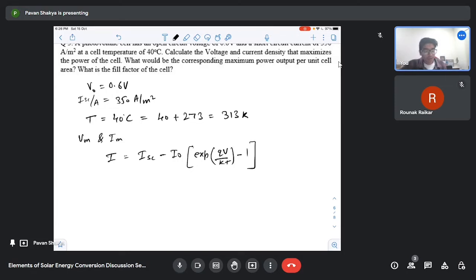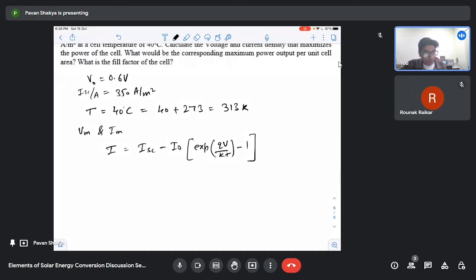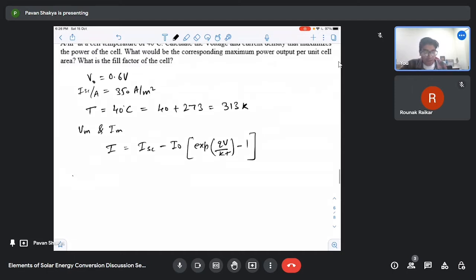Now if we are trying to solve this for the open circuit voltage, for open circuit, the voltage will be VOC and the current for the open circuit will be 0.